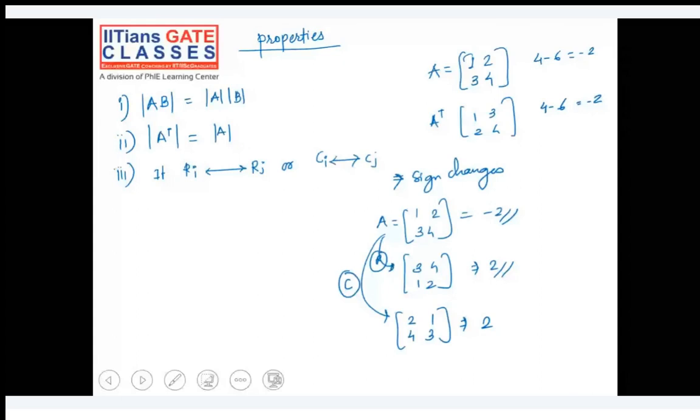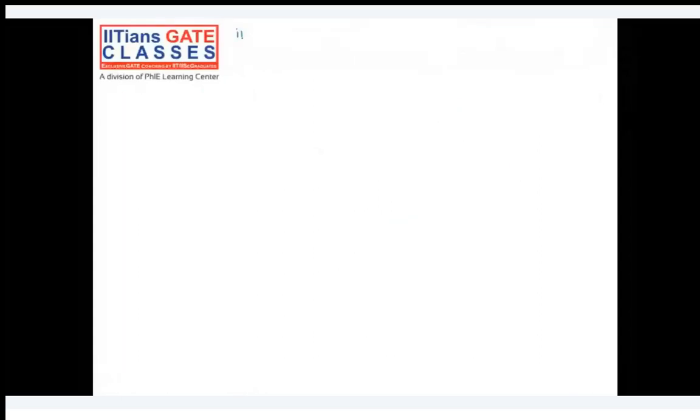Next property: determinant of kA is equal to k raised to the power n times determinant of A. Here k is a scalar. For example, take the same matrix A: 1, 2, 3, 4. The determinant was -2.